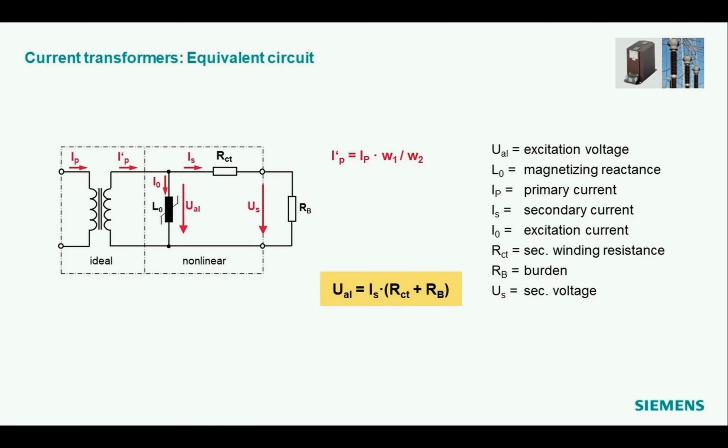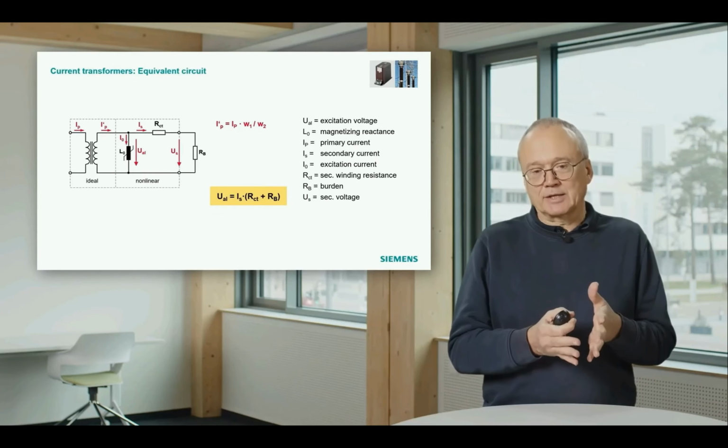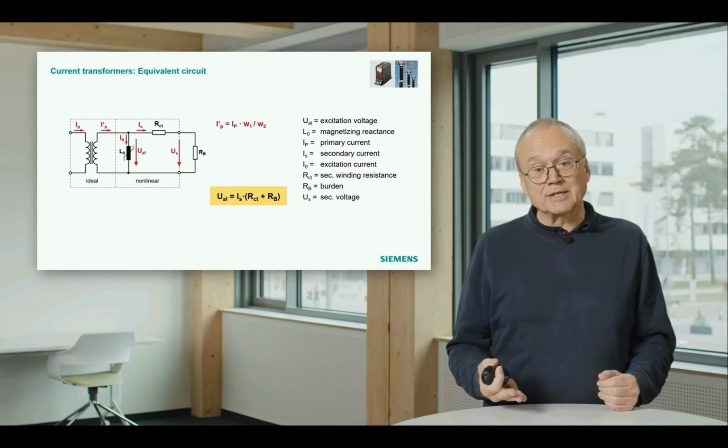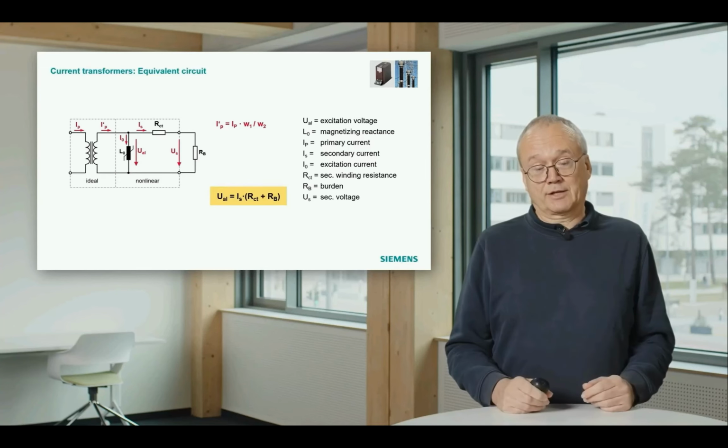The voltage is the secondary current multiplied by the winding resistance of the current transformer plus the burden. That means this voltage across the magnetizing reactance becomes the higher the secondary current is, and also the higher the burden is we connect.